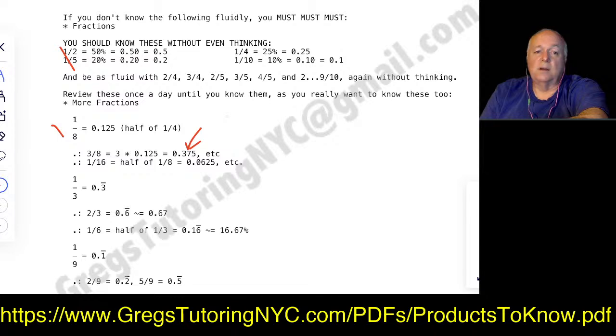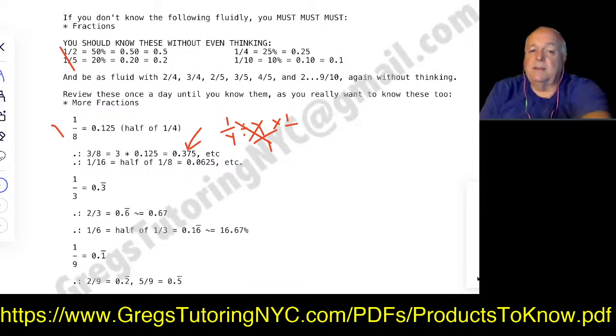Because if we took a quarter and divided it by 2, we know that division by a fraction is multiplication by its reciprocal, and this is 2/1 then. That means this goes away, and we get multiplied by a half. Well, a quarter times a half is an eighth. Okay?